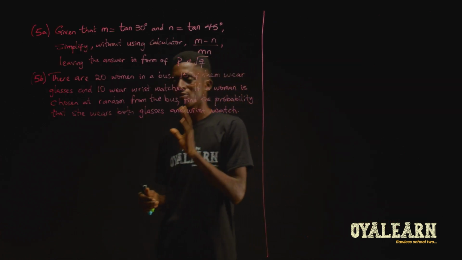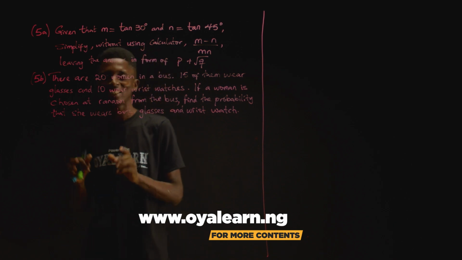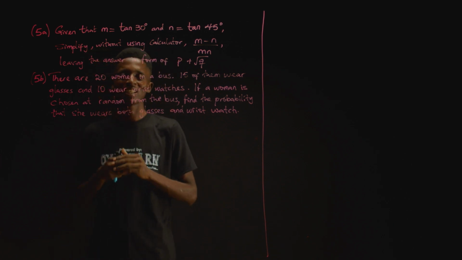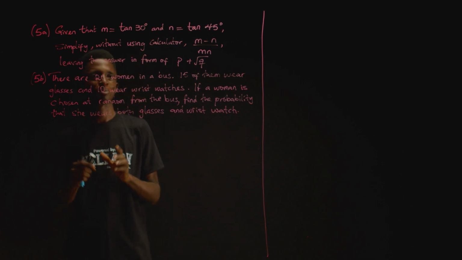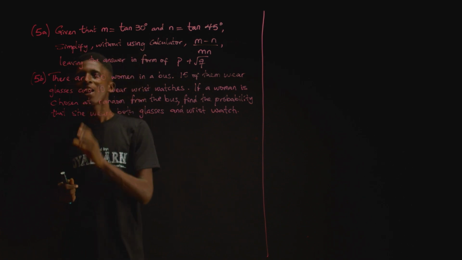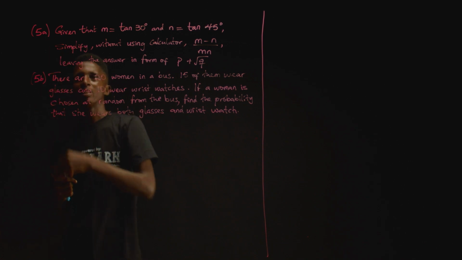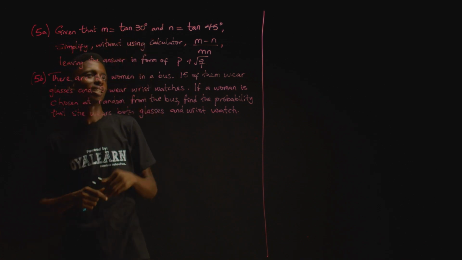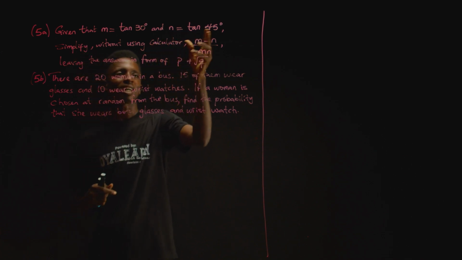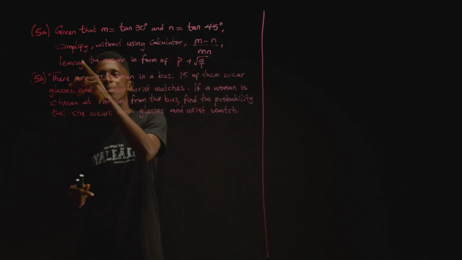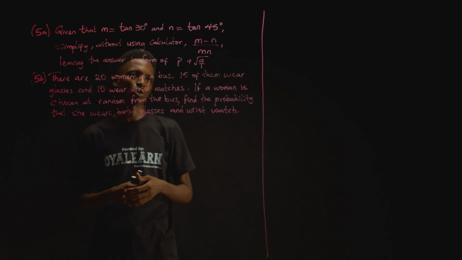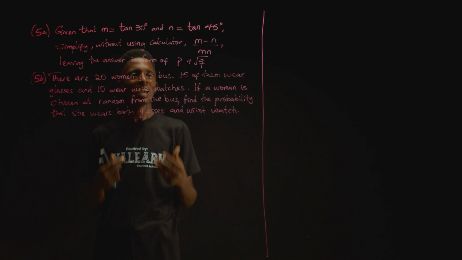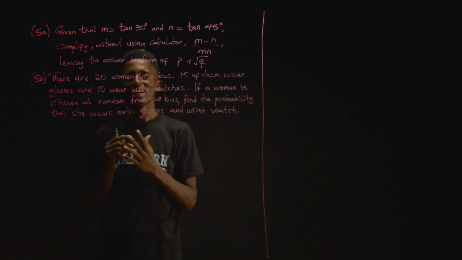Let us solve question 5, which is the final question in section A of the 2022 WASSCE Mathematics Core 2 question. Now, question 5 asks A and B. A says, given that m is tan 30 and n equals tan 45, simplify without using calculator m minus n over m multiplied by n.